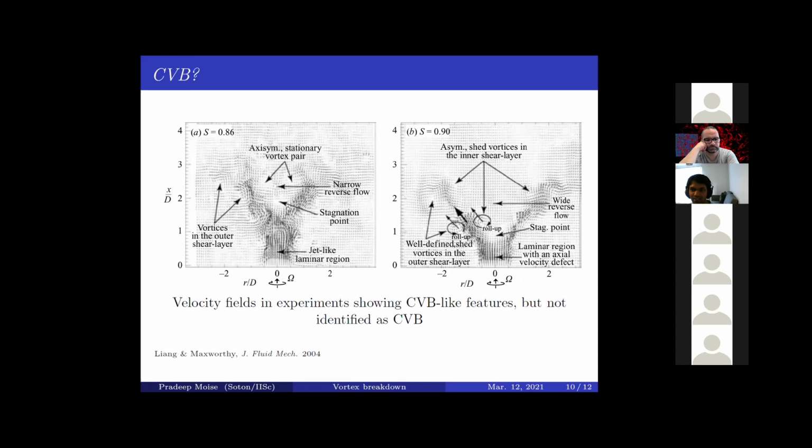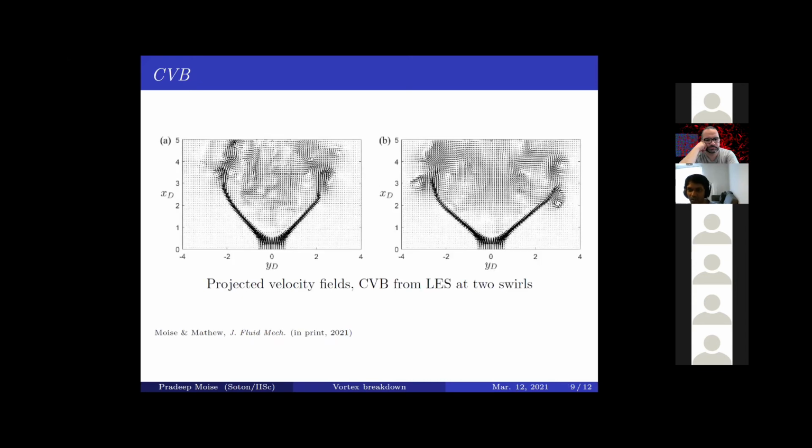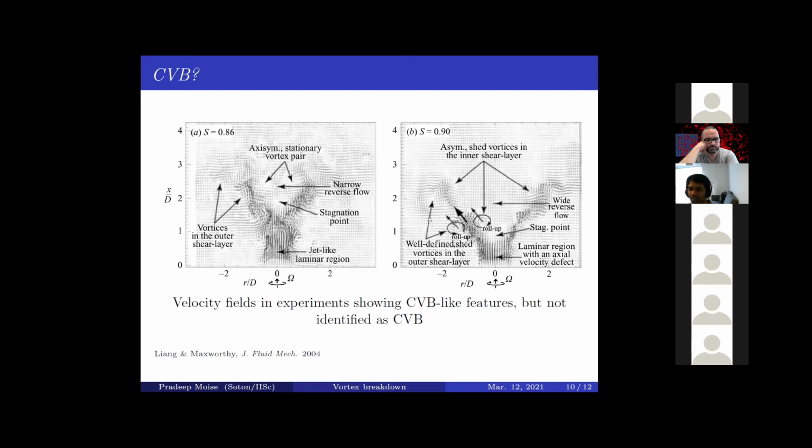So here's an experiment from Liang and Maxworthy on swirling jets. And the velocity fields that are shown here resemble quite remarkably well the velocity fields that we obtained.